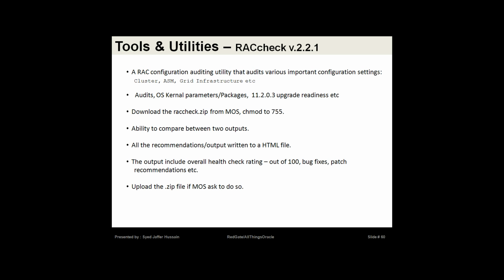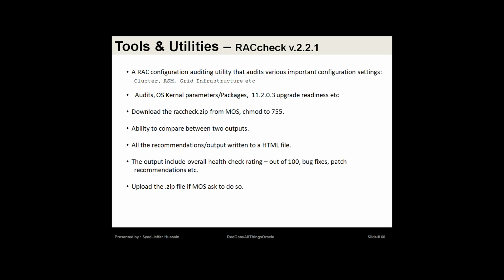It collects information about the kernel parameters and packages deployed on the database. From time to time you have to download the latest utility and run it in your environment to see if your existing environment lacks some checks.